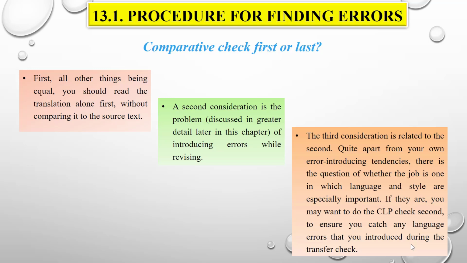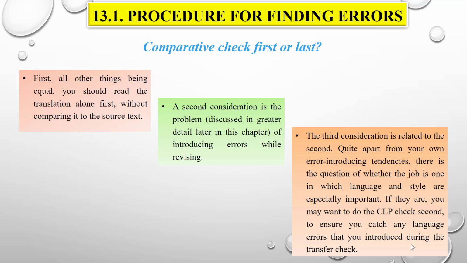So it may be worth determining which type of error you are more prone to introducing, language errors or mistranslation. If you are more prone to introducing language errors during the transfer track, then check for language errors last. If you are more prone to introducing mistranslation during the language track, check transfer last.